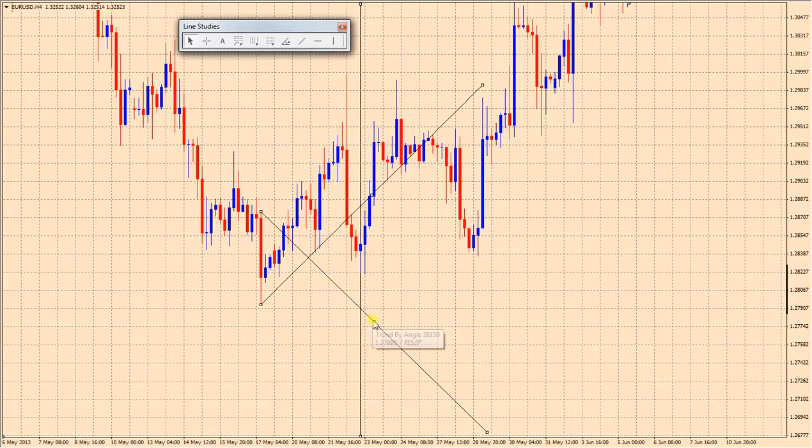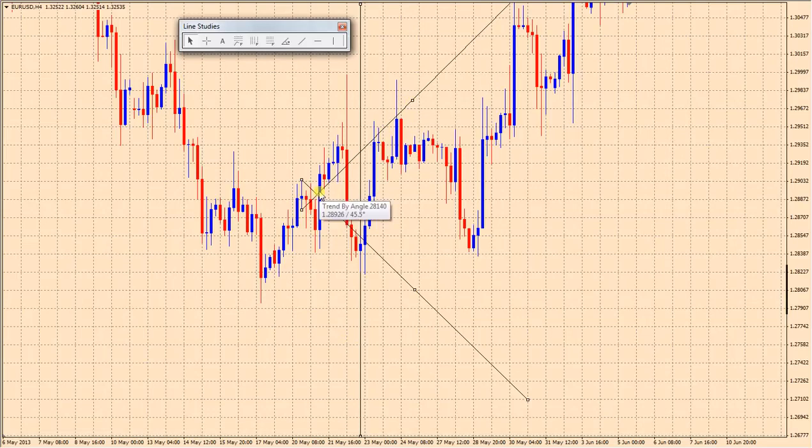Now if we move our angles to this top candle right here, since that's the actual top of our next swing, we'll see that these lines now forecast, right in between these two candles, this low right here.